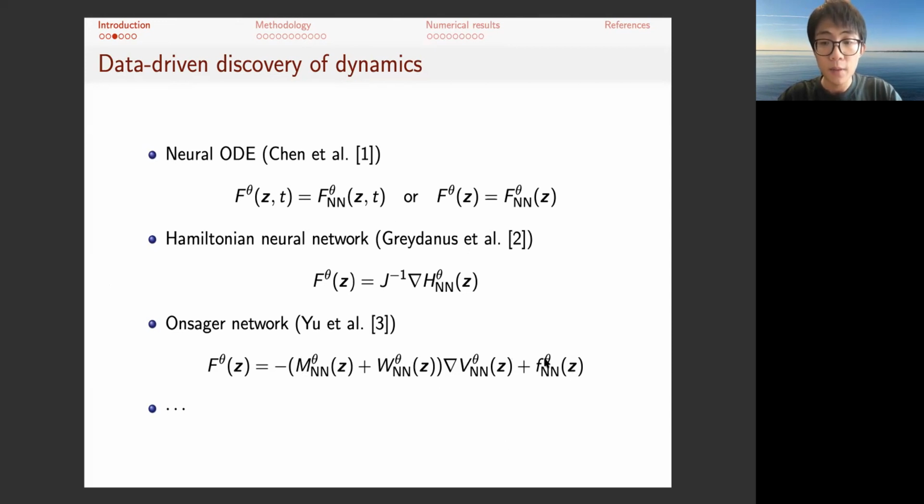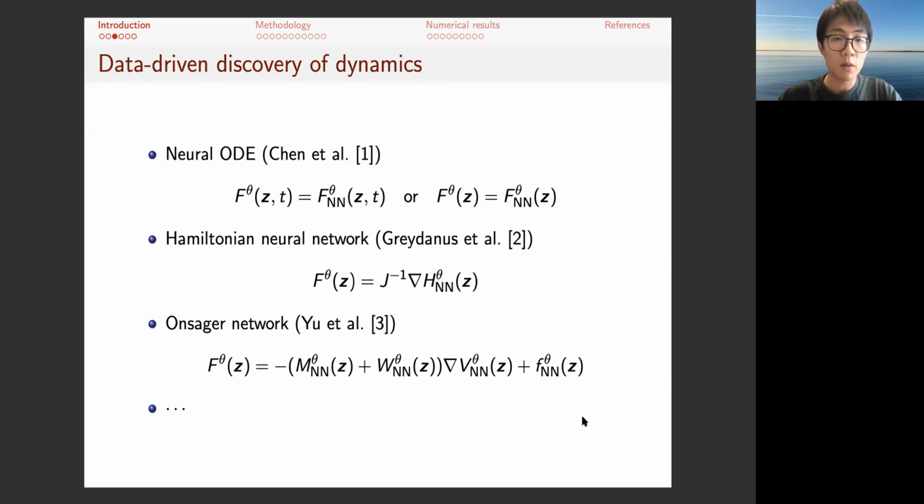Here M and W, one of them is antisymmetric and the other is positive semi-definite. By this formulation, they incorporate the Onsager principle into the neural network, and as a result, they can learn some dissipative systems from data.